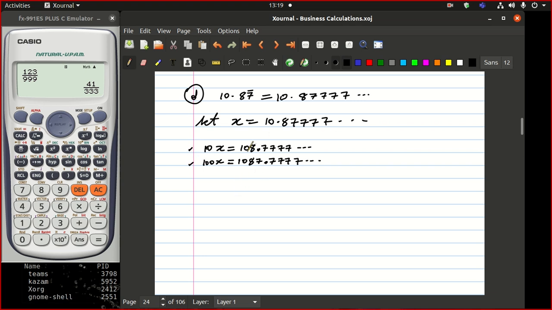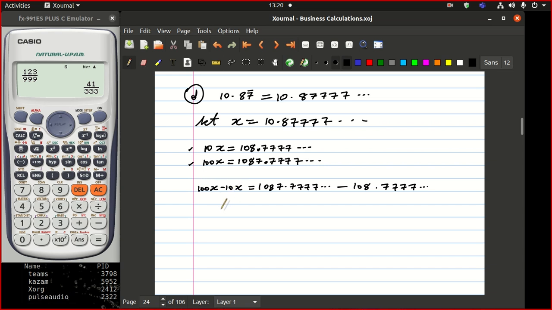Then, of course, you will have 100x minus 10x is equal to 1087.7777, and then you have the dots, and then you subtract 108.7777, and then you have the dots there.